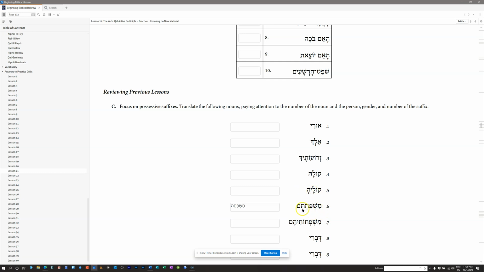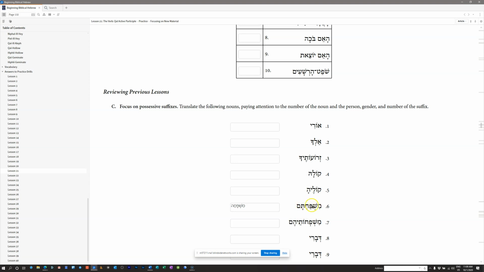All right, mishpachtam. This is going to be mishpacha. Mishpacha, but when we add the suffix, that hey is going to transform into a tav. Okay, couple things here.